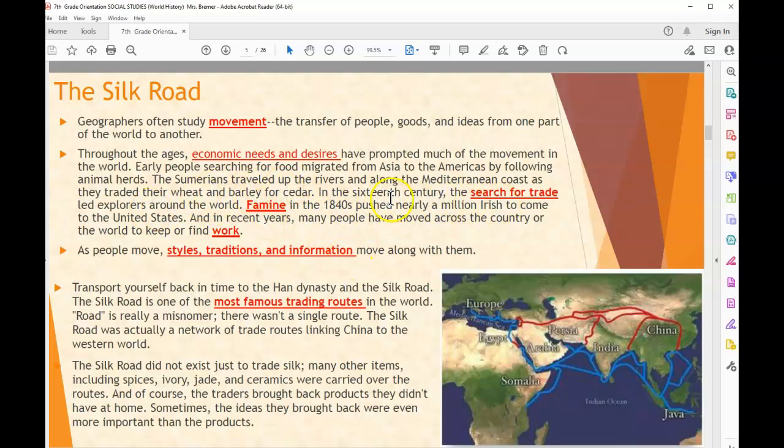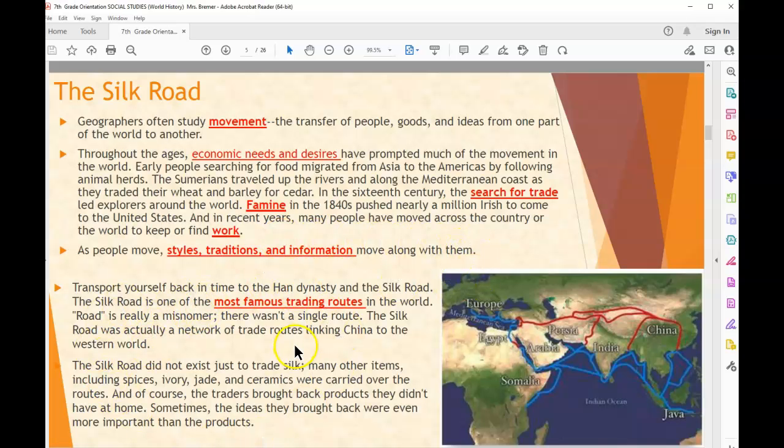And then later on, which we haven't talked about, explorers started searching for new ways to trade, around new trade routes. Okay, and then people also moved in the 1840s from Ireland to the United States because there was a famine. They had no food, so they moved. And even today, people will travel across the country or the world to find work.